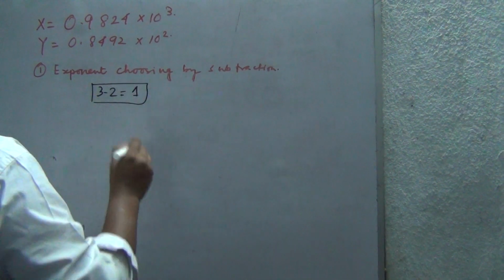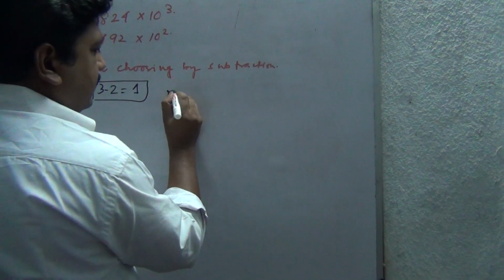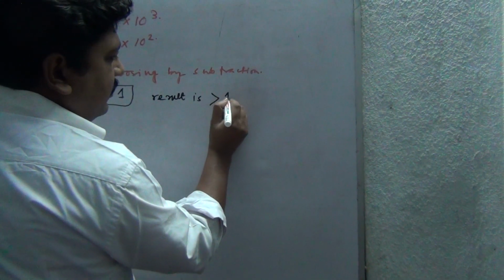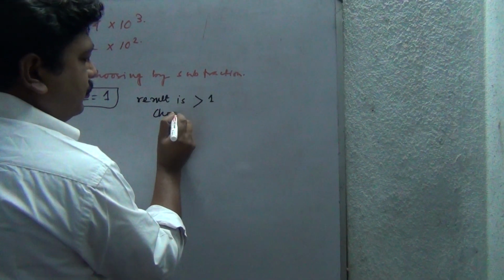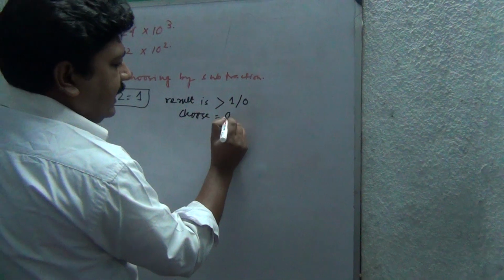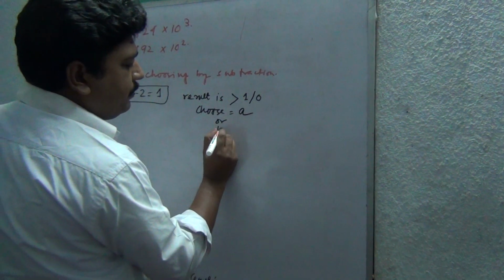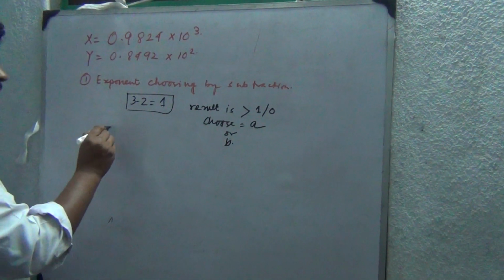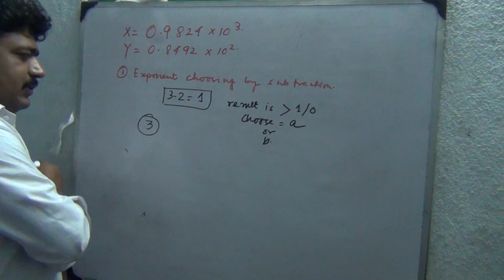If the result is greater than 1 or 0, choose A or B. So what do I have to choose here? We have to choose 3 as the exponent.